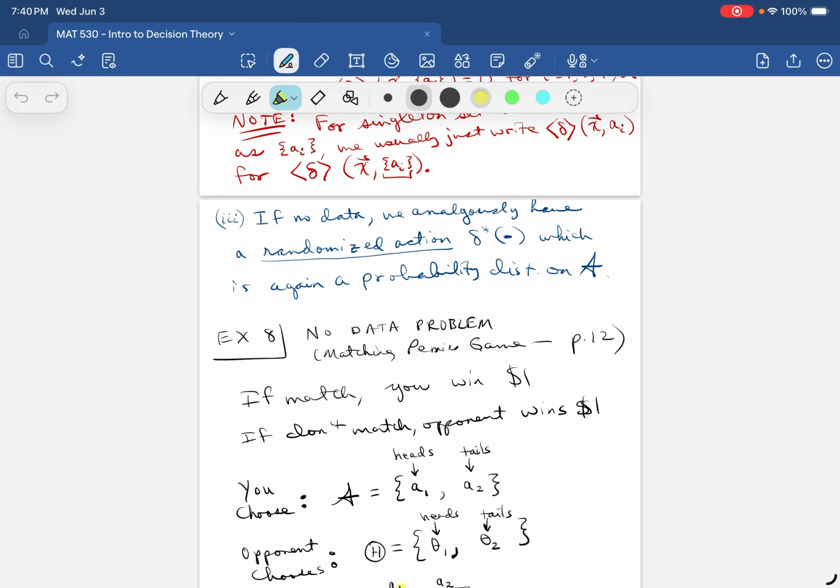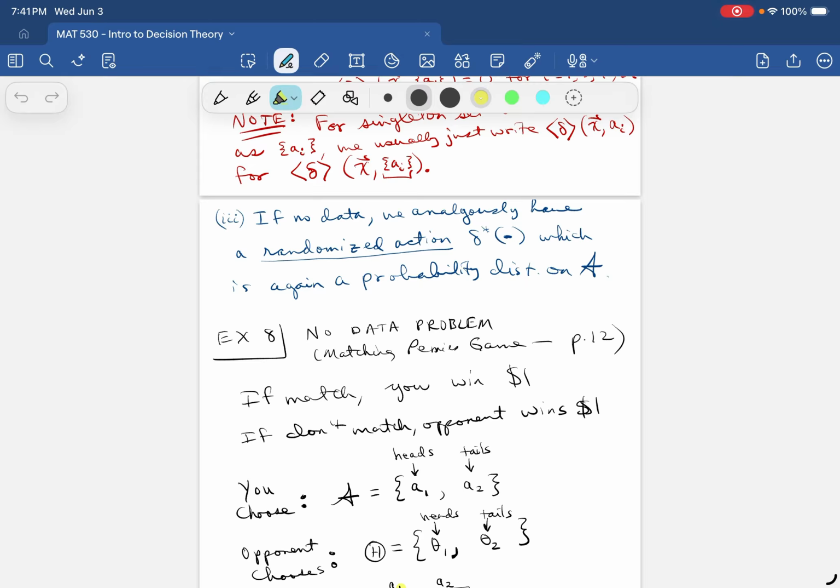It's on page 12. And so the way this works is you and your opponent each have a coin, and each person decides whether the coin will be displaying heads or tails, and each person puts their coin on the table. But they're both covered up, so neither one knows what the other person chose.